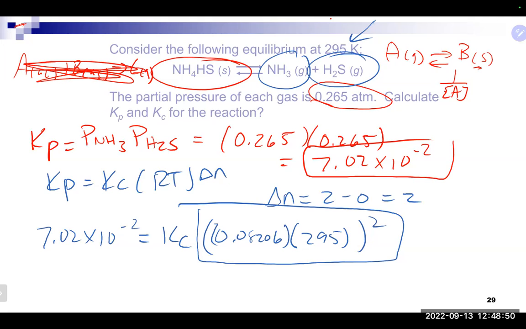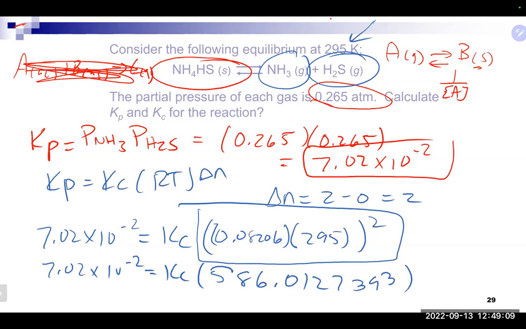We're going to square it. Going to give us 7.02 times 10 to the minus 2 equals Kc times, if I could read my calculator, I think it says 586.012739 as I don't round here.